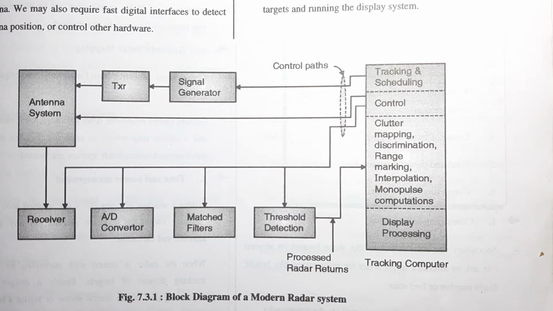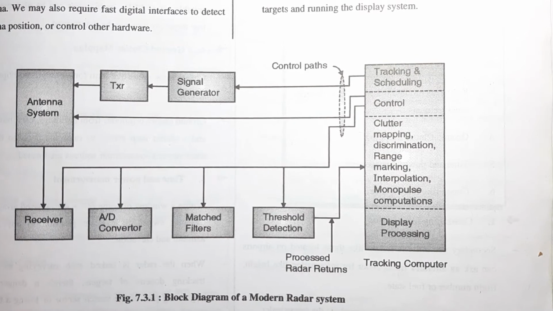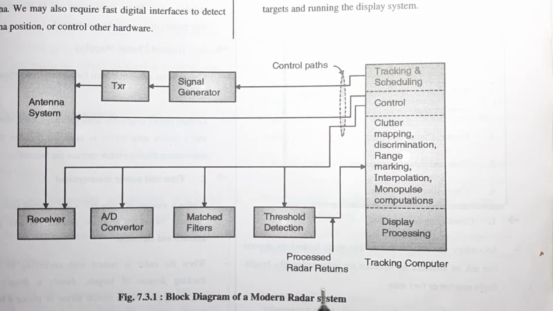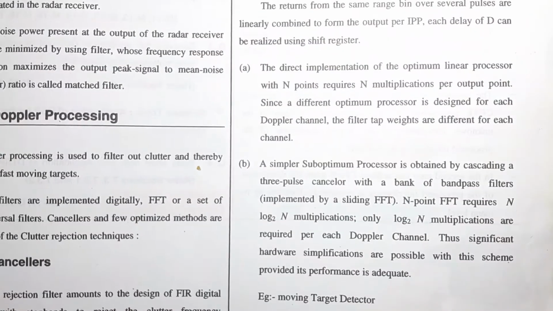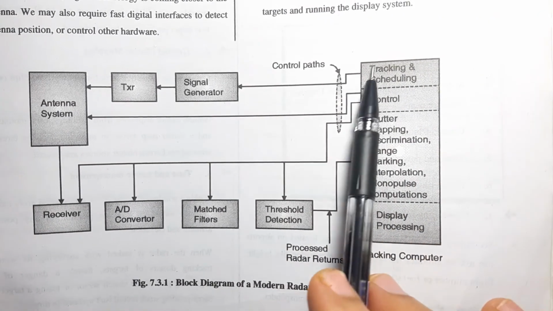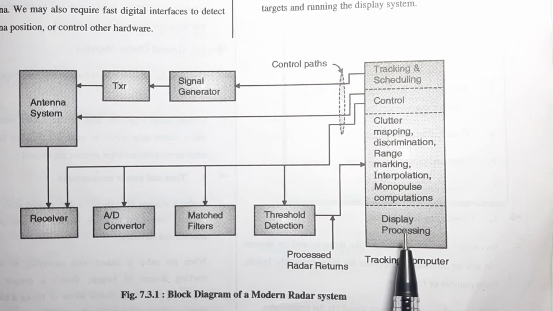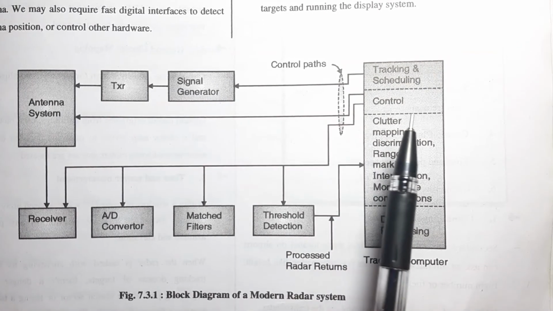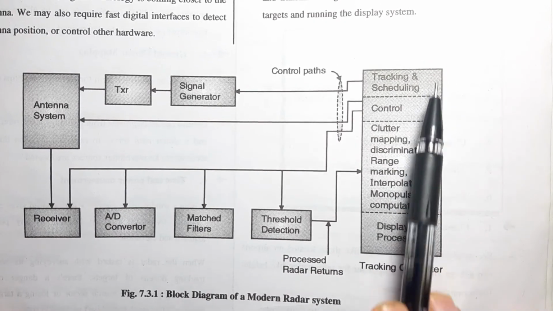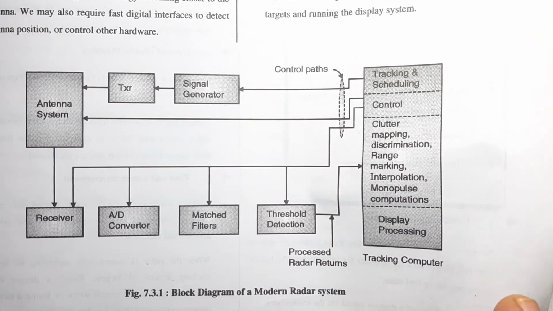Then we have the A to D converter, the threshold detection, and many more to perform. The tracking computer in the modern radar does all the functions by scheduling the appropriate antenna position and transmitted signal as a function of time. It keeps track of the targets and runs the display system.